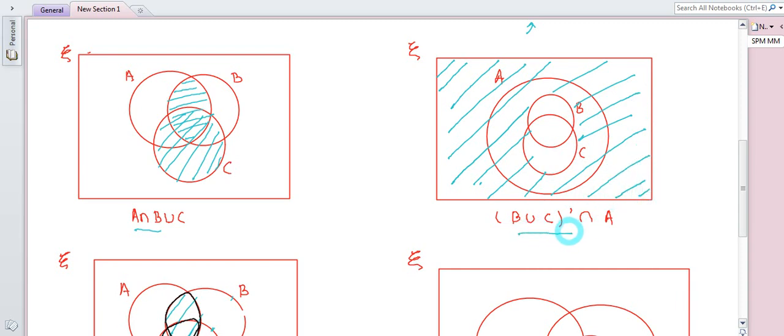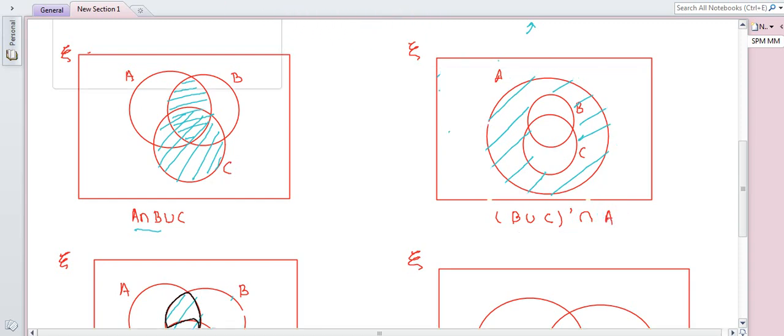B union C complement, right? So outside B and C, we can shade it. And the region that you have shaded just now must be in A, only you take it. Outside of A, we cannot take it. Okay, so this is the answer.